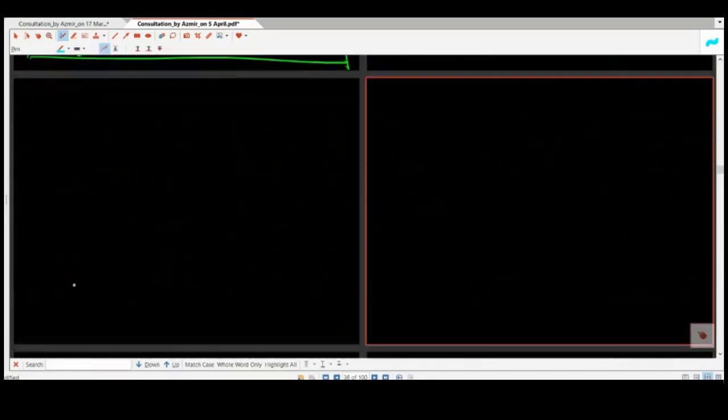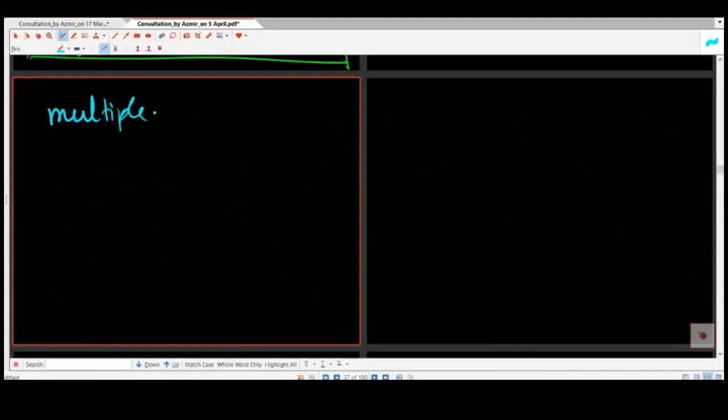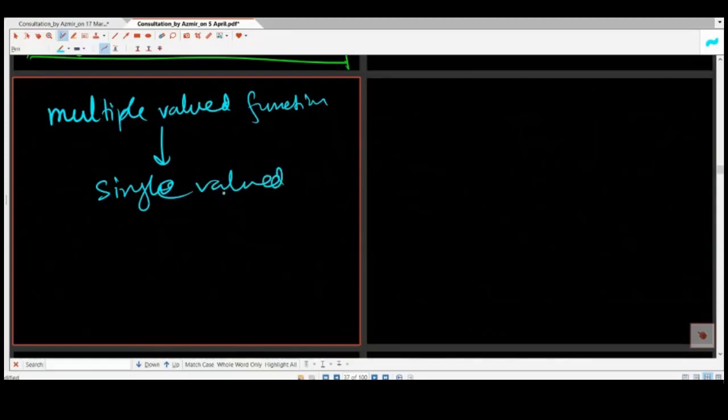From multiple valued functions, we have different branches, but all branches are single valued functions.